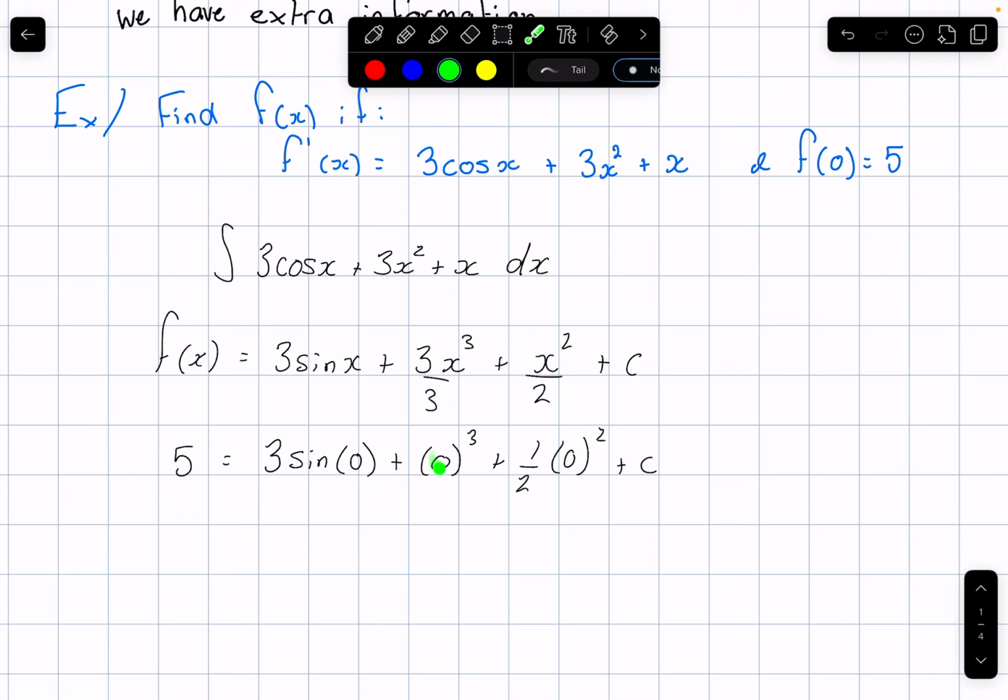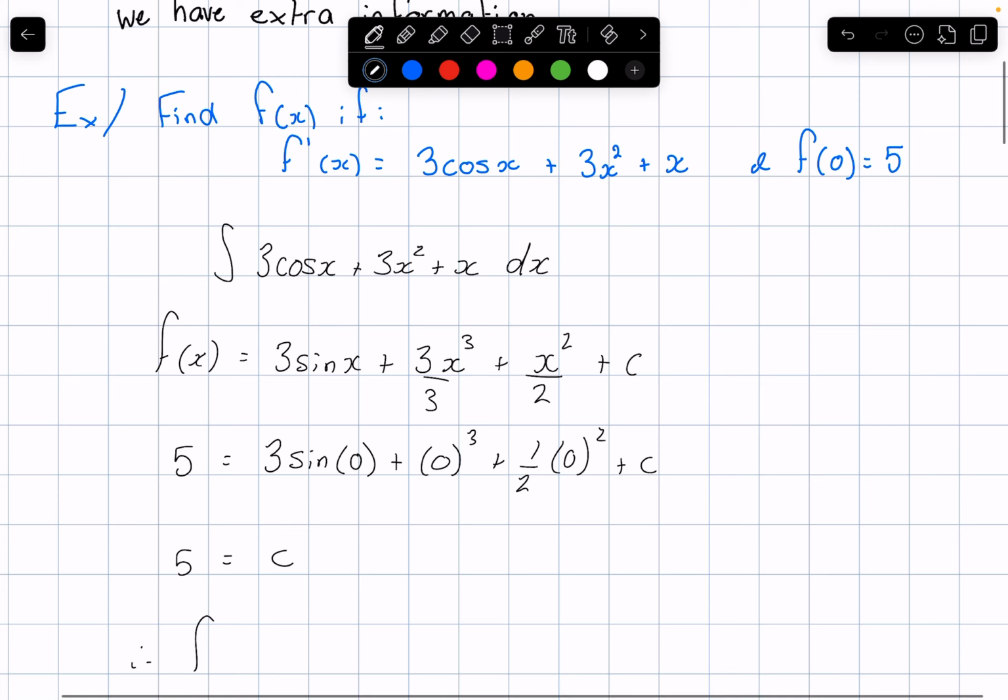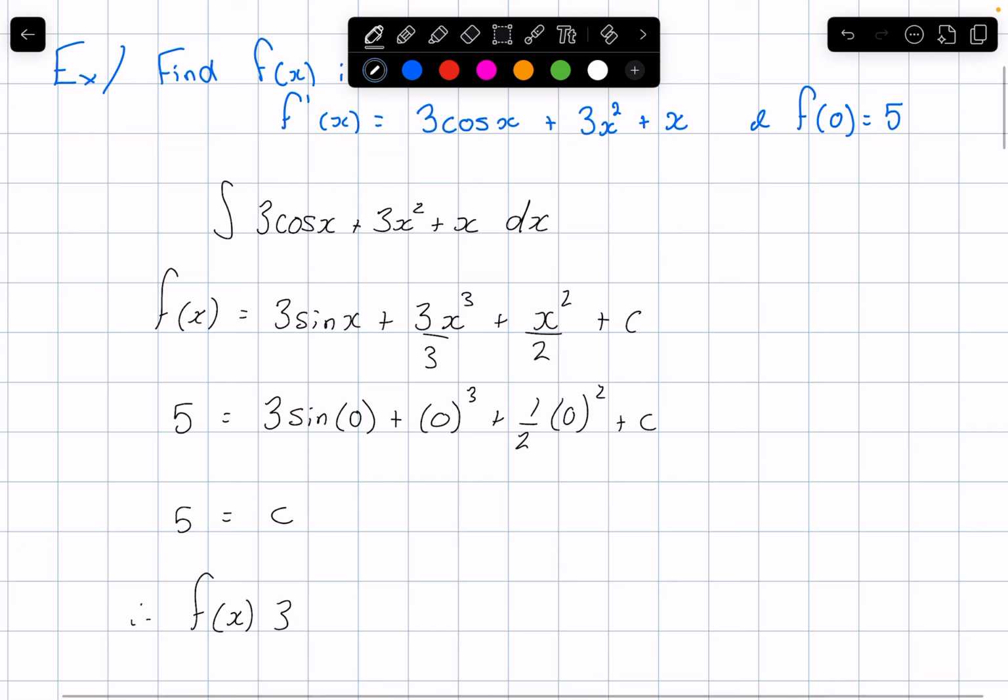Now this is 0, this is 0, sine of 0 is also 0, so that means 5 equals c. Therefore, f of x is 3 sine x plus x cubed plus 1/2 x squared plus 5. And it is as simple as that.